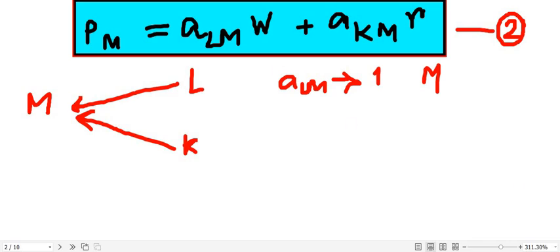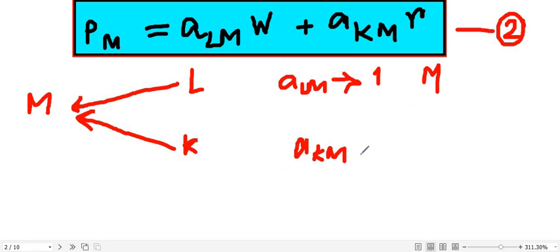So if I have to produce one unit of manufacturing output, I'll have to employ ALM units of labor. Similarly, I have to employ AKM units of capital. Again, AKM is the amount of capital that is used to produce one unit of output of the manufacturing sector.